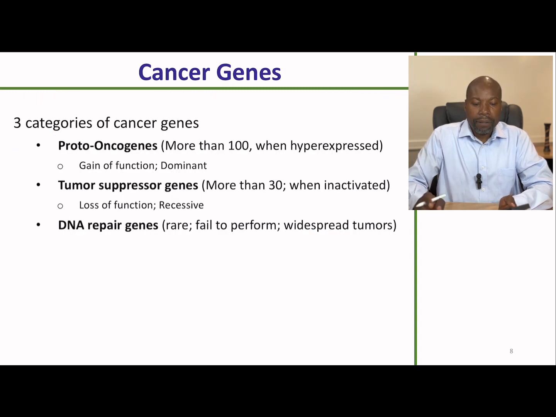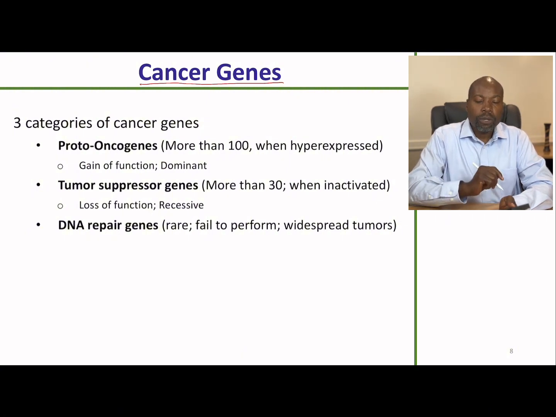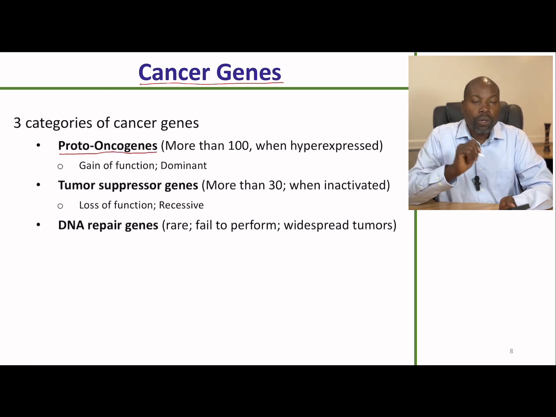All right. So the cancer genes, again, I already mentioned this, but I'm going to repeat this. The proto-oncogenes, right, that turn into oncogenes. So when that happens, they are hyperexpressed.